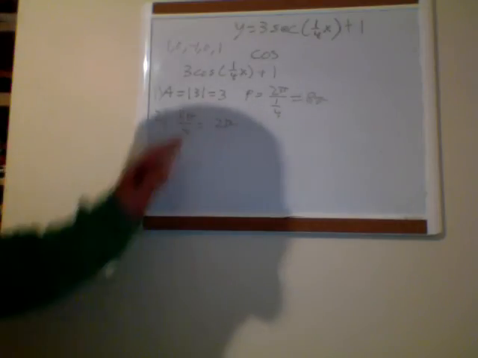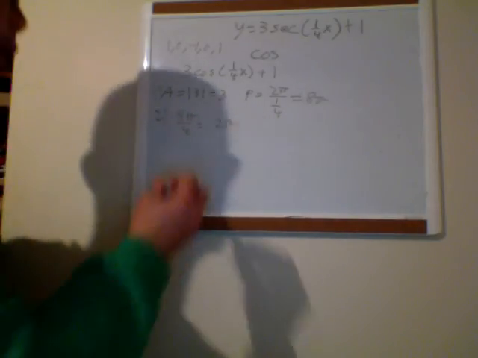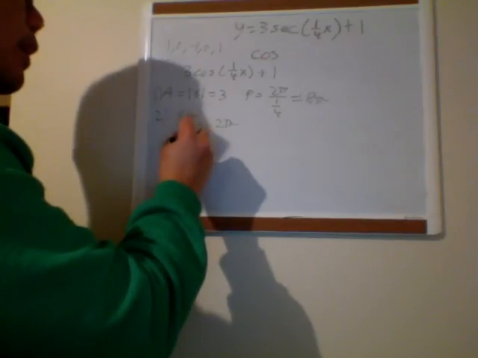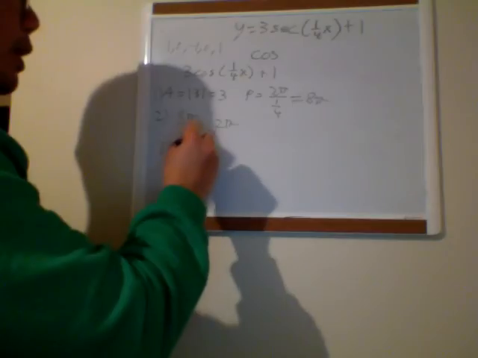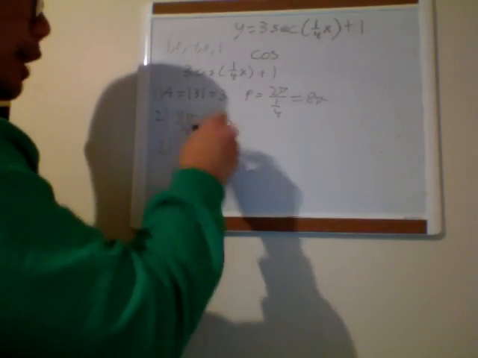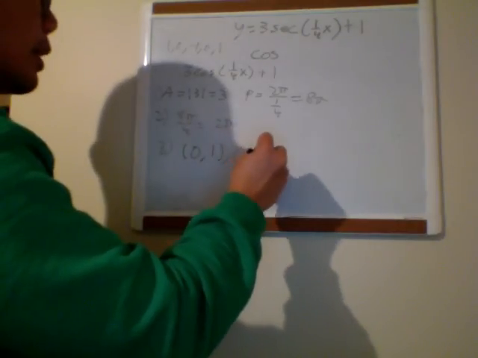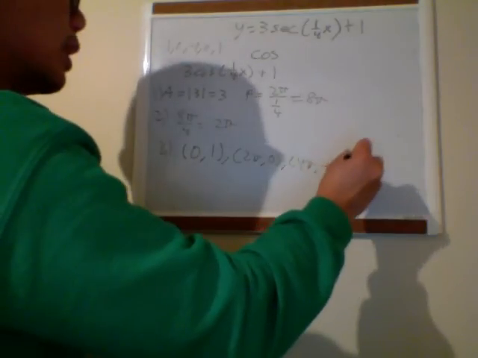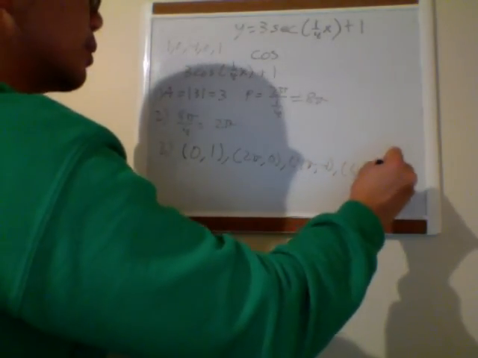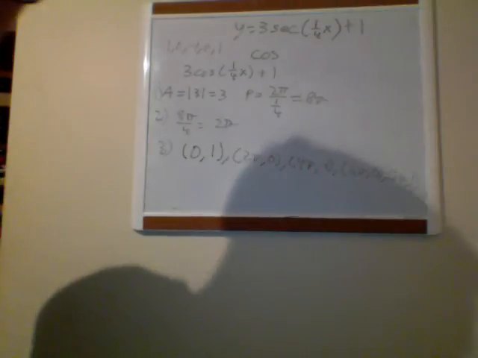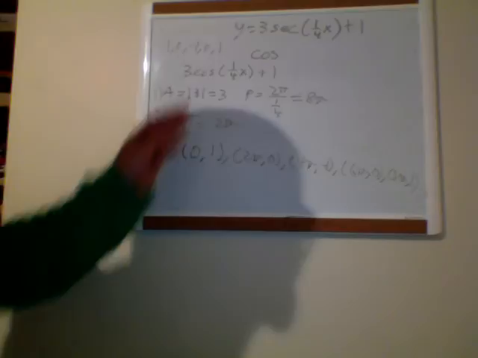Okay. And then my points now are going to be: it starts at 0, 1. Then I'm going to have intervals of 2 pi, so it's 2 pi, 0, 4 pi, negative 1, 6 pi, 0, and 8 pi, 1. Okay? And then I'm going to multiply the y value by 3 and add 1.